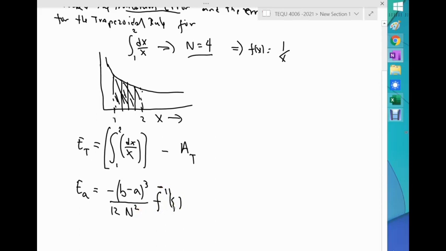How do you get this value here, the average of the second derivative at epsilon, where epsilon is a number between a and b?